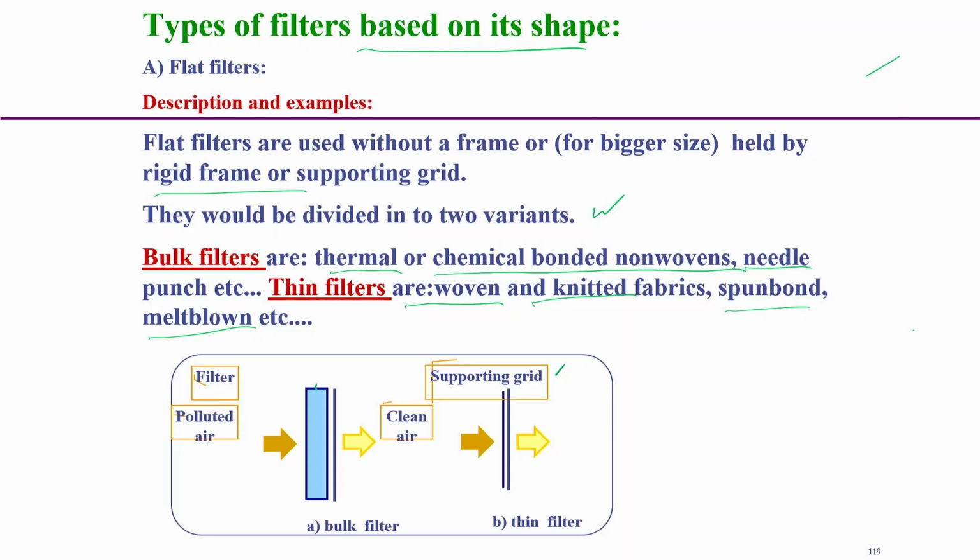In those cases we may need the support frame, but in a bulk filter, if it is a bigger size, we may sometimes need the frame. So, typically it is divided into two types, bulk filter and thin filter.